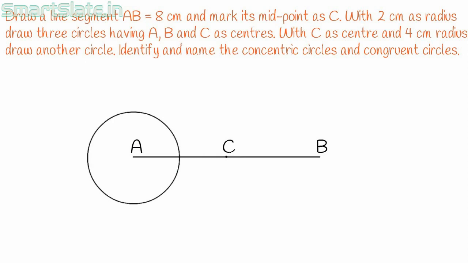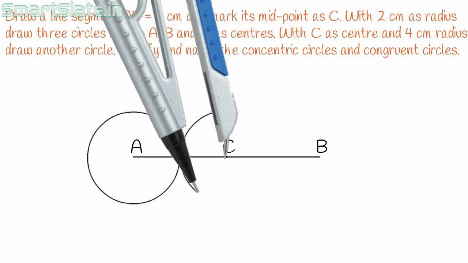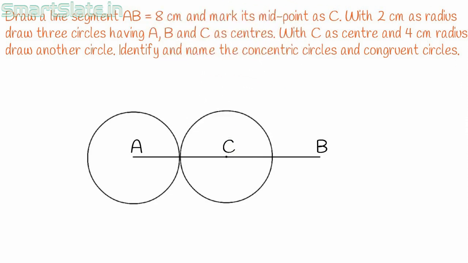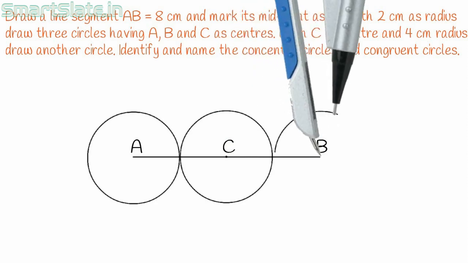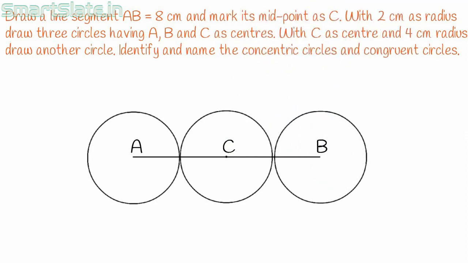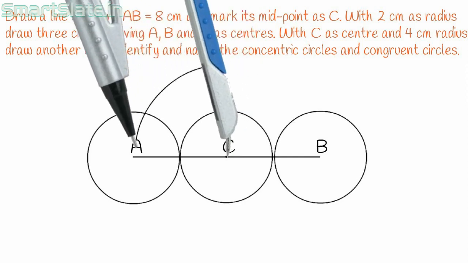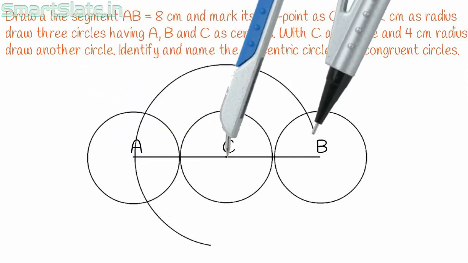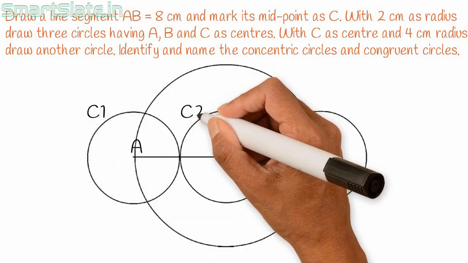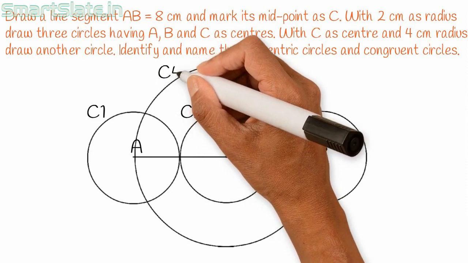Now draw another circle of radius 2 cm where point C is the center. Third circle is also similar. The one B as its center and radius of 2 cm. The last circle has radius 4 cm and point C as its center. Let me call these circles C1, C2, C3 and C4.